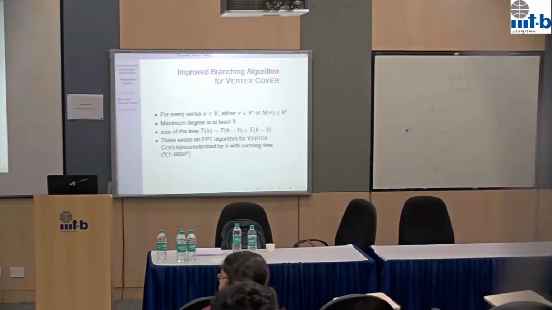So you are assuming that in the graph there exists at least one vertex of degree at least 3. Otherwise, if there is no such vertex, it's one of these two cases, and then you stop. If you reach such a stage, then you trivially solve it in polynomial time.